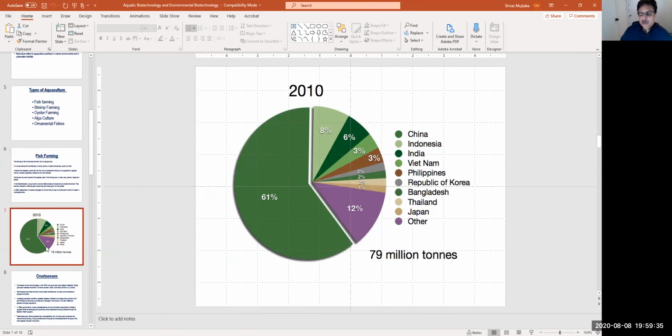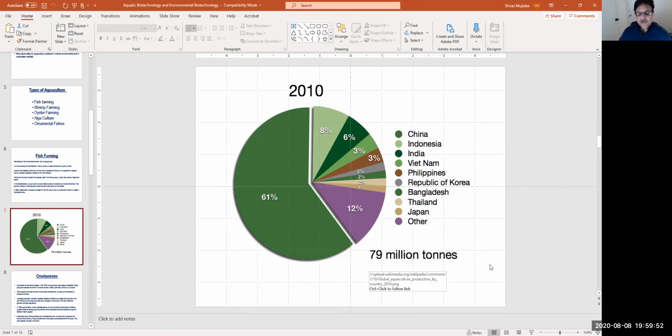Okay, so China leads in the export. China exports 61% of seafood, and that corresponds to 79 million tons.